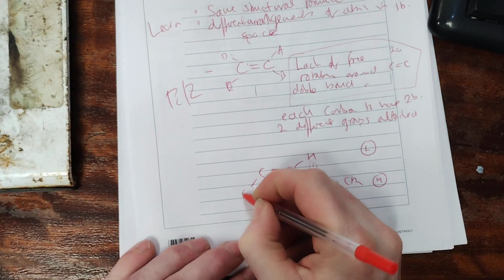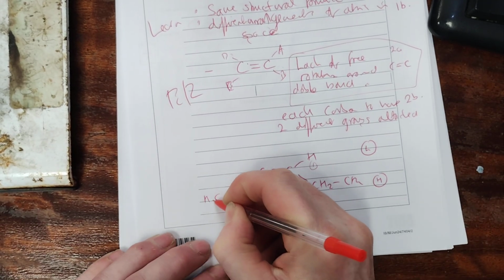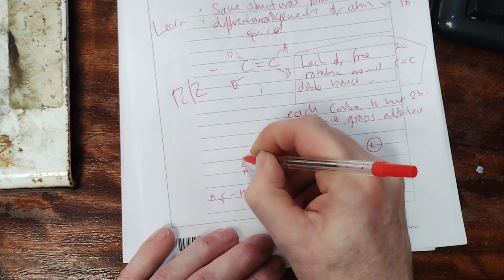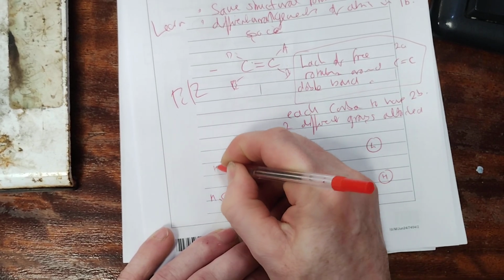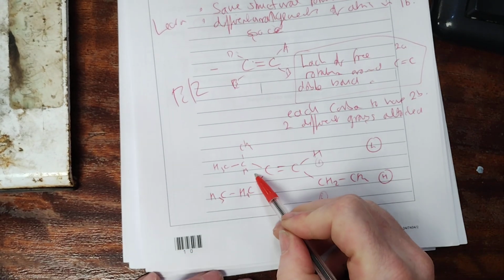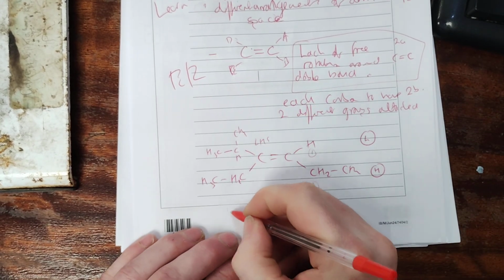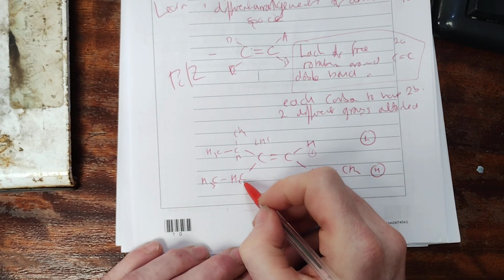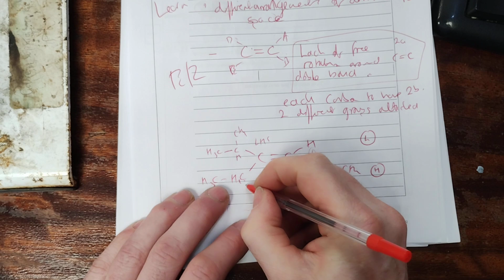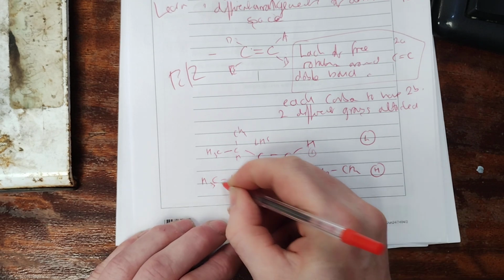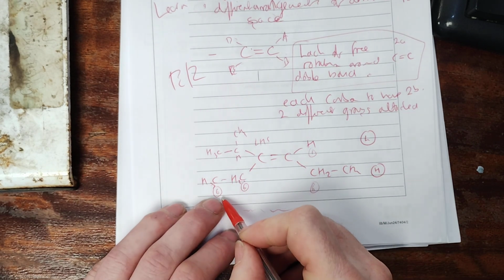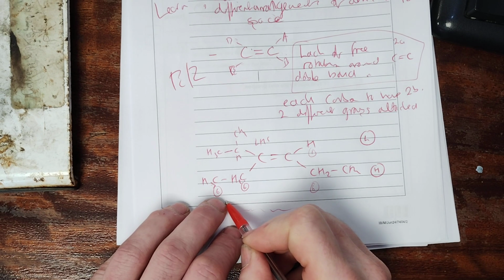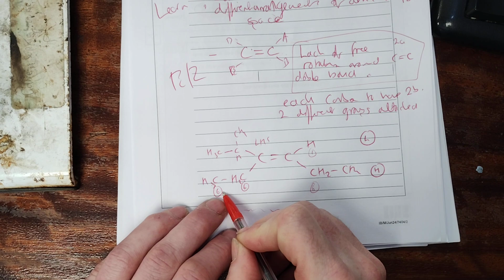On the other side, I've got CH2CH3 and CH(CH3)2. I've got to assign priorities here. On the left-hand side carbon, I have 2 groups attached. The CH2CH3 group goes from a carbon, 6, and the next atom along is another carbon, 6.